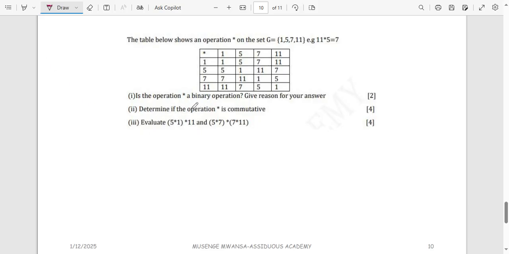Good. Determining whether the operation star is commutative. To determine whether the operation star is commutative, you can get any two numbers. Let's say, for example, 5 star 7. If you say 5 star 7, you see you are getting this answer here, which is 11. Now swap them, perform 7 star 5.